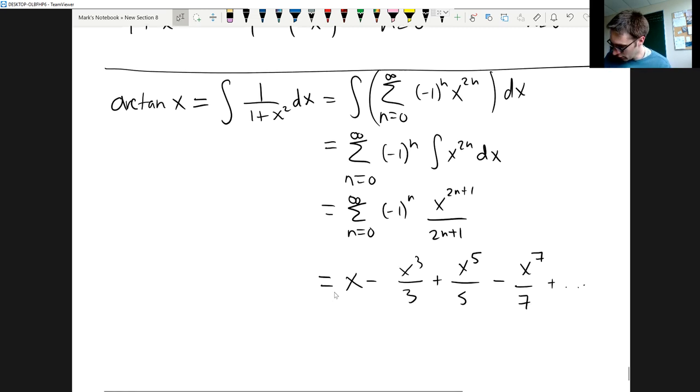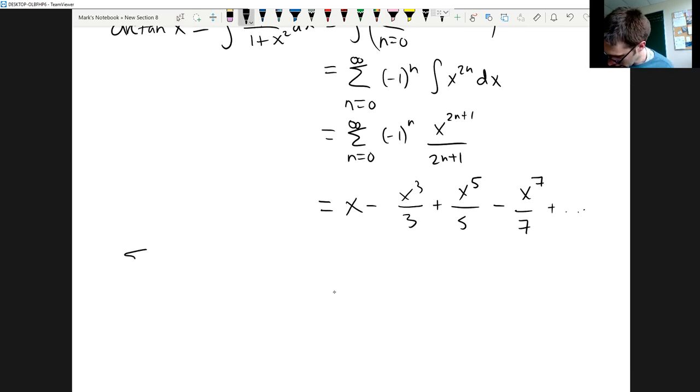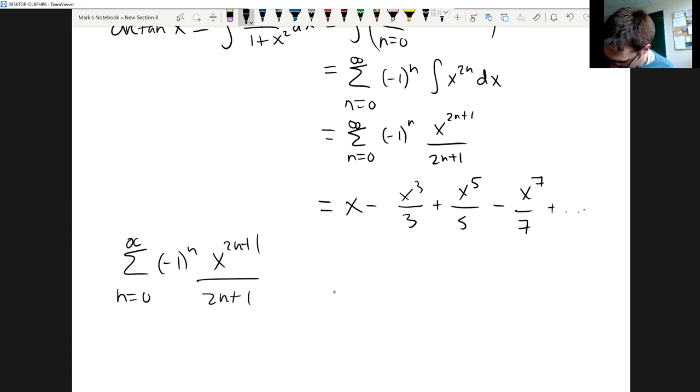So let's find the radius and interval of convergence for the sum of (-1)^n x^(2n+1) over 2n+1 from n equals 0 to infinity. And so we'll apply our ratio test. We're going to have the limit as n goes to infinity of the next term.